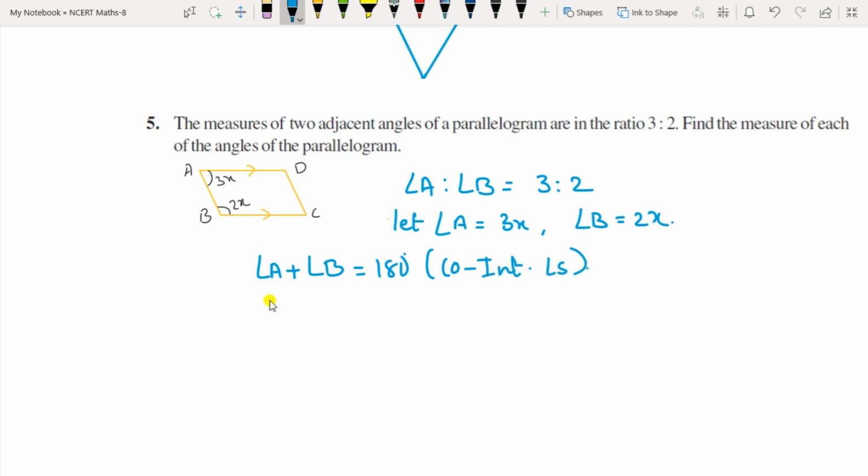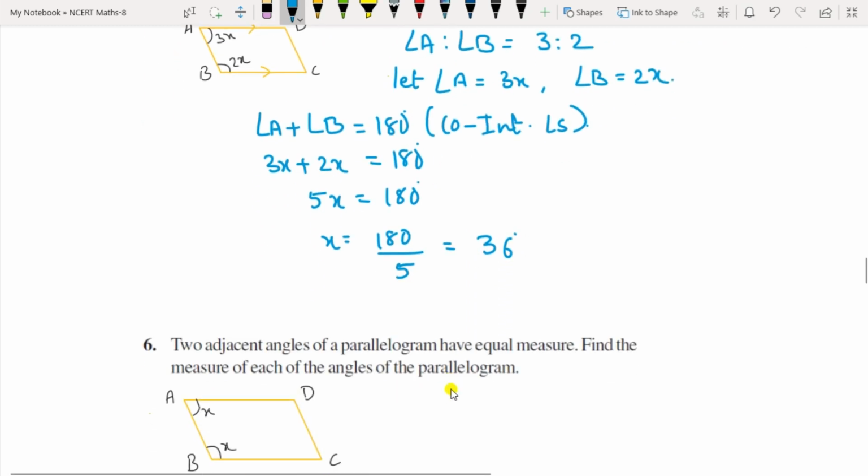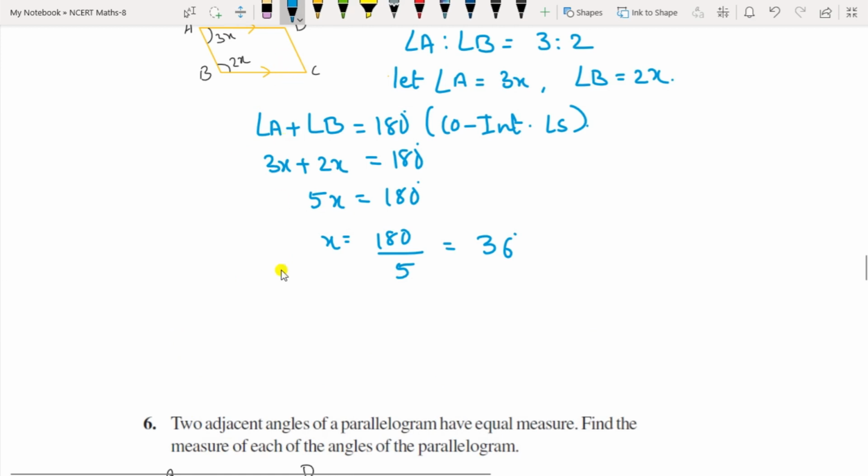That is co-interior angles. So 3x plus 2x equal to 180, 5x equal to 180. So x equal to 180 by 5, that gives the answer as 36. So x equal to 36. Now you have to find angle A and angle B. Their values are in the form of x, and you have to find the values in degrees.